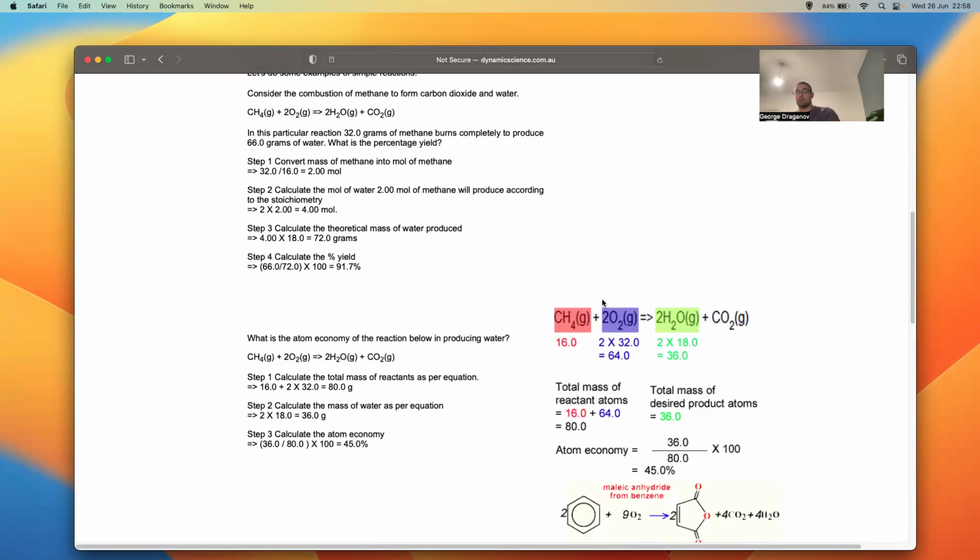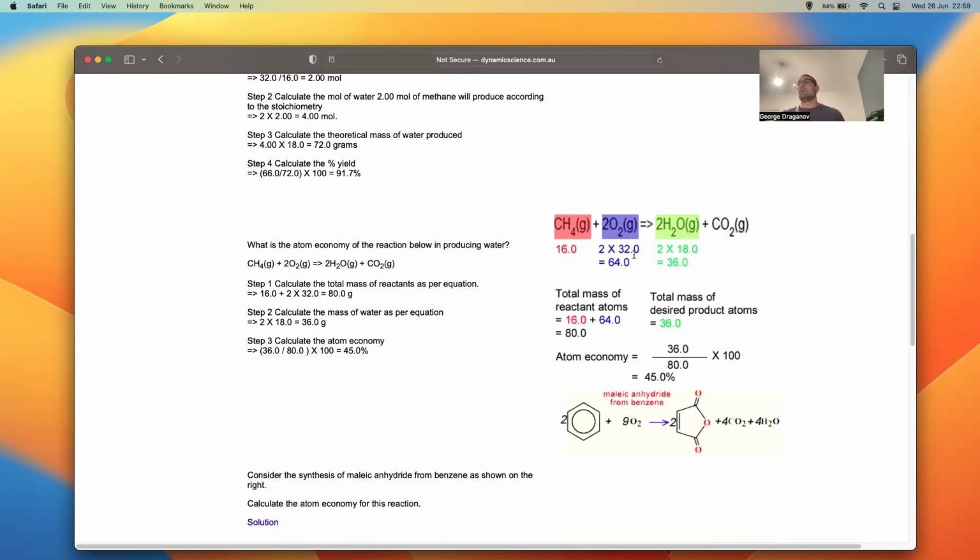Let's look at another example, this one here. So methane plus oxygen makes water and CO2. If we're to find atom economy, remember, for say producing water, we would do, the big 2 is included, the water is 18 in total. So it's 2 times 18 is 36. That would be your numerator. Now the denominator, in this method, they've chosen to do all the reactants.